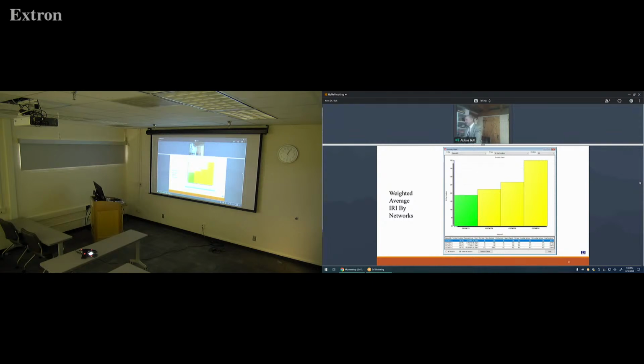And the network 4 IRI values, the average is 424. You can imagine what will be going on at some localized segment level or fraction level. And again, that data is very helpful.